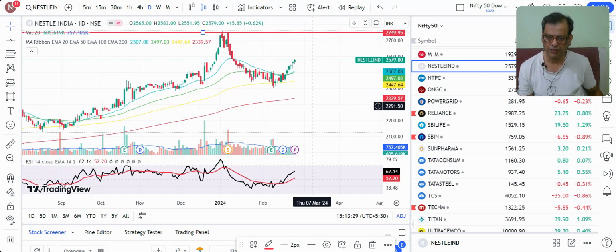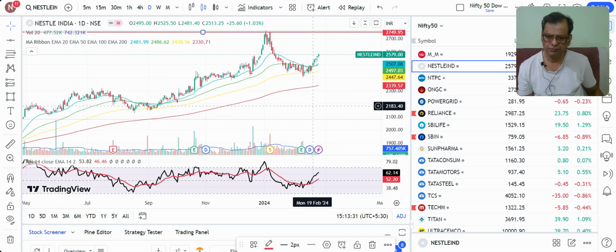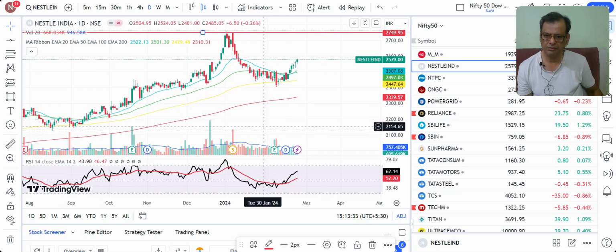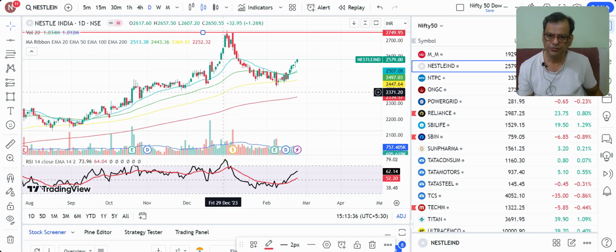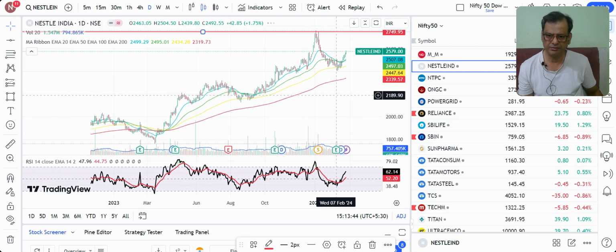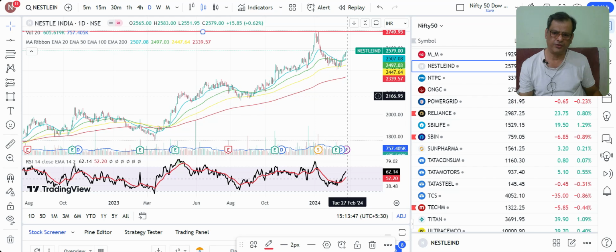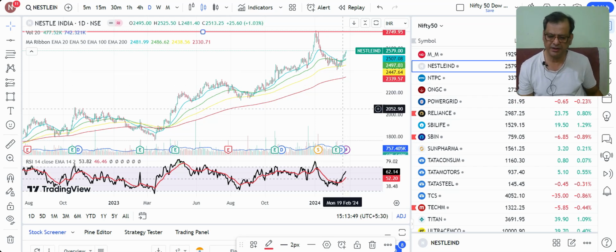Now let's see what we have here. We have price going up, bouncing off, bounced off here. Let's look at whether this resistance was being tested earlier. Let us check.